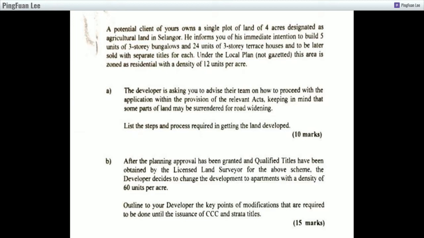So first and foremost, I think we can clarify that yes, the QT and all that has been obtained, but the construction has not begun. Oh, that means we can't use it. Yeah, you can't use it, which is why you have to apply to get back that piece of land first. 197 and 76.